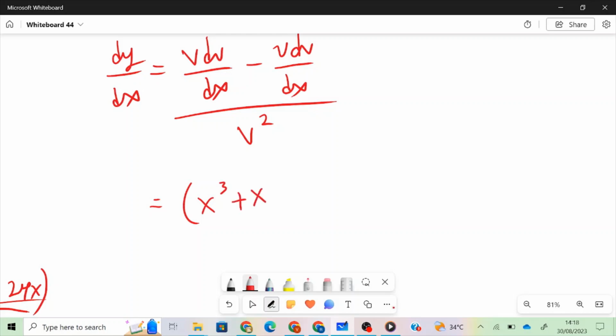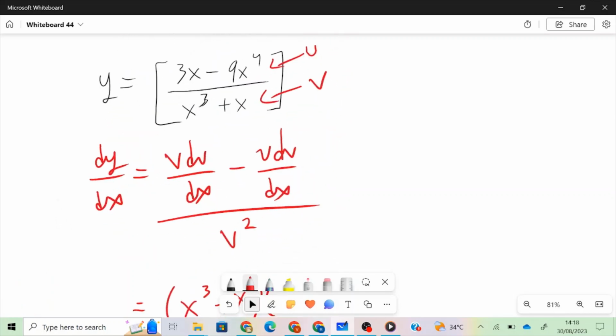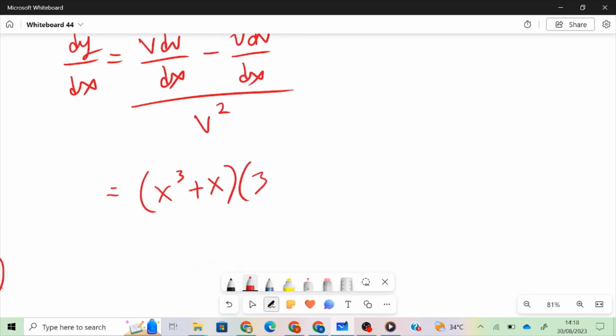x cubed plus x into du dx, so we differentiate 3x minus 9x to the power of 4, that should be 3 minus 36x cubed, minus u dv dx.